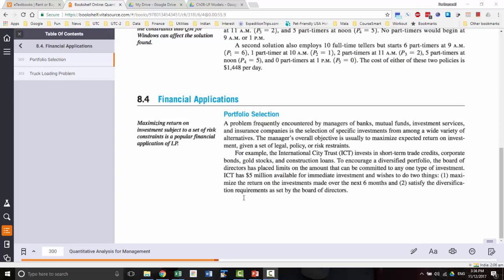So first, portfolio selection. Here we have a company that invests in four different investment choices: short-term trade credits, corporate bonds, gold stocks, and construction loans.